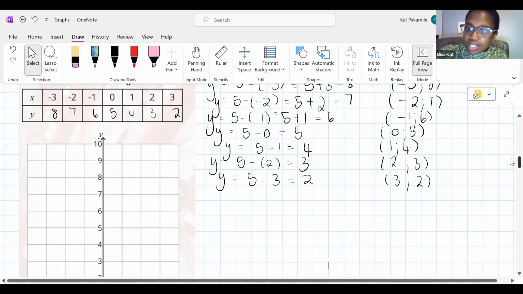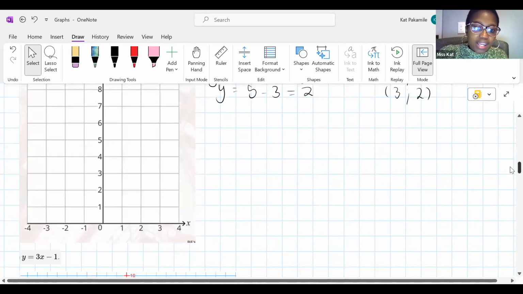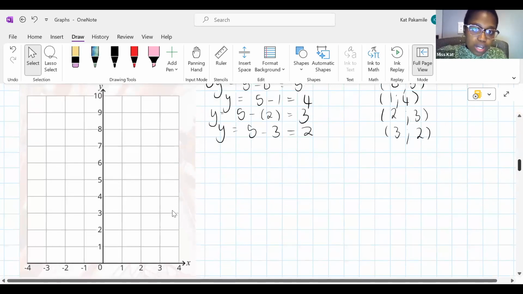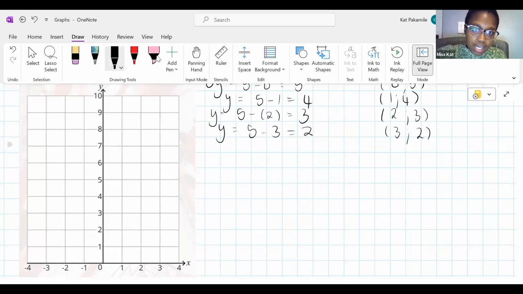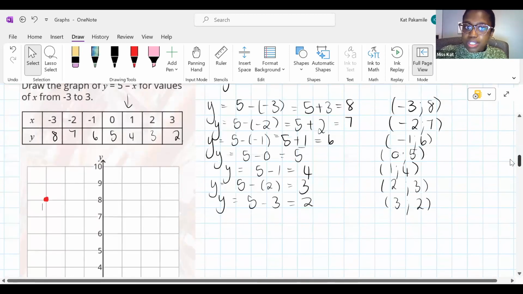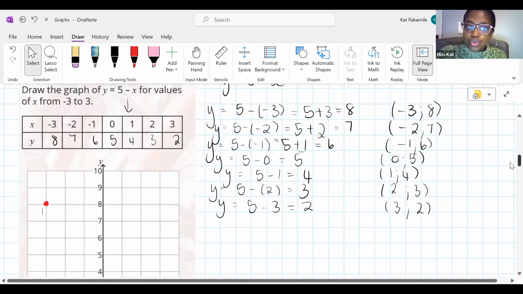The first one is -3 and 8. So I'm going to go to -3, which is over there, and go up until I get to 8, and that is point number 1. Then my second point is -2 and 7.